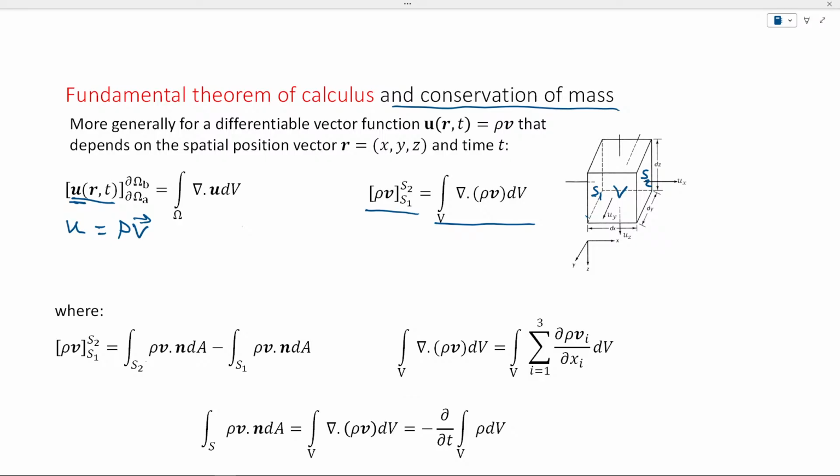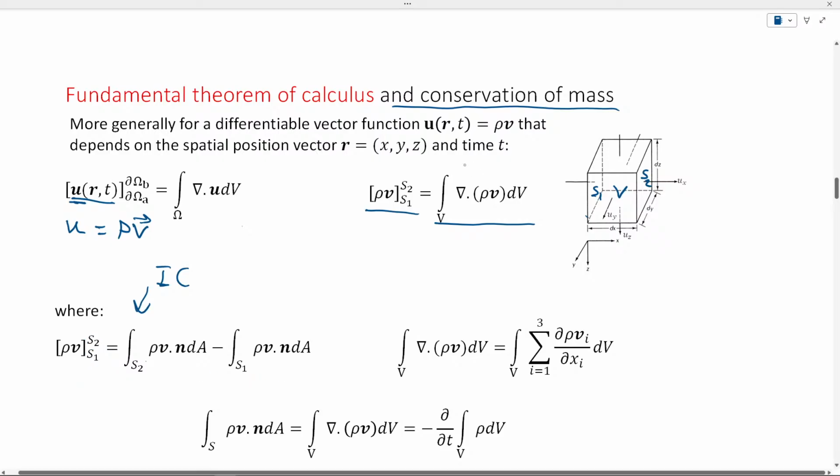You can go back to the previous course about the fundamental theorem of calculus. That's the fundamental theorem of calculus. What this is telling me is that I can expand this, remember, like the indefinite integral we learned in integral calculus. This would be the integration of this guy minus this guy.